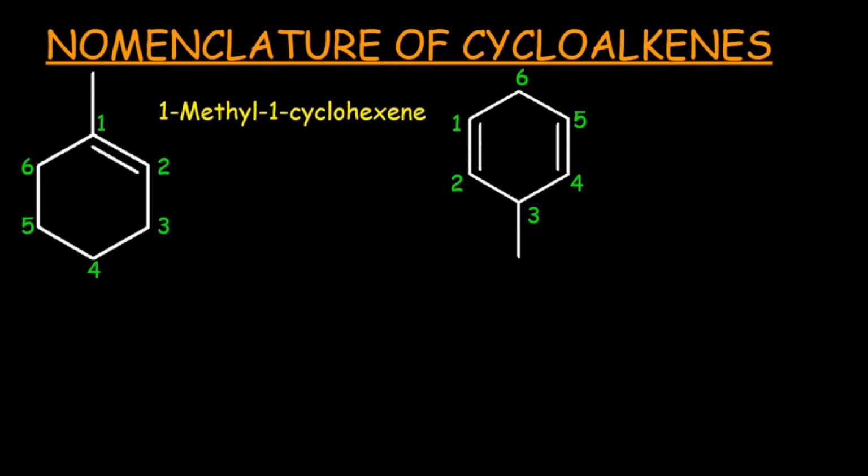But if you start the numbering in a clockwise manner, the substituent would not get the lowest locant and would be at the fifth carbon. So the numbering in an anti-clockwise manner would be preferred because in this case, both double bonds and the substituent would be at lower locants. So the name of this molecule would be 3-methyl-1,4-cyclohexadiene. You have to use the word di with ene because two double bonds are present in the heading part.